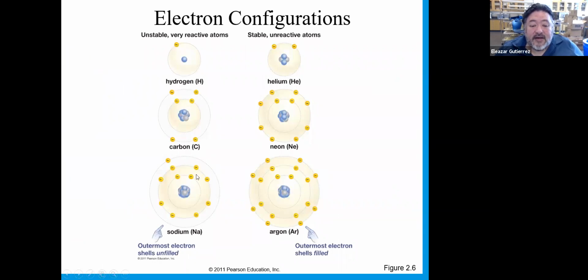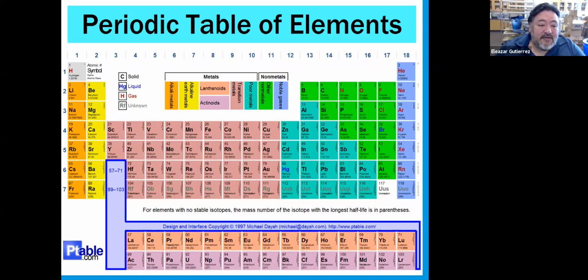Here's sodium. How many valence electrons in sodium? Well, let's look at a periodic table. Here's sodium. It's in period 1. And we know that everything in period 1 has 1 valence electron. We know that everything in period 7 has 7 valence electrons.